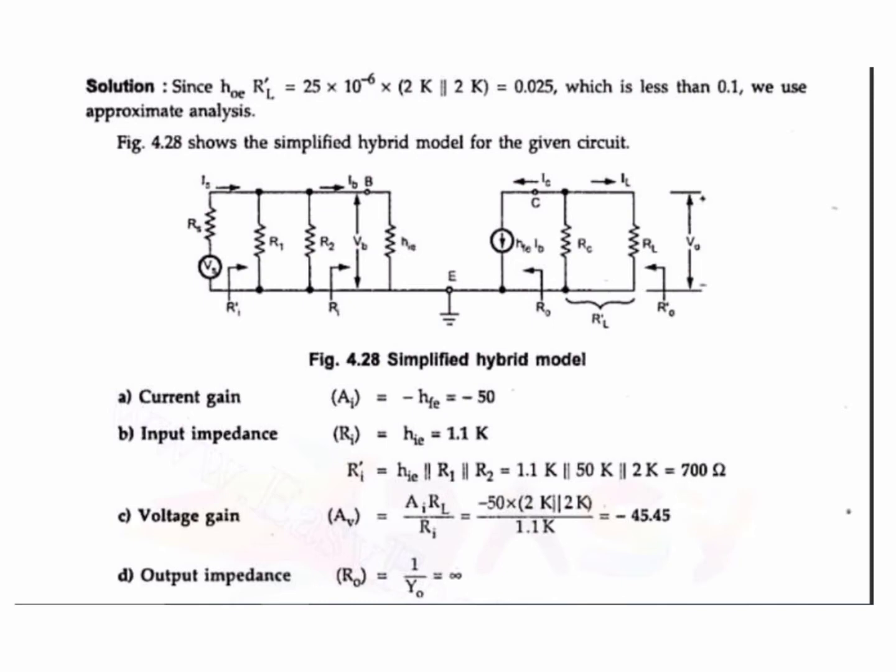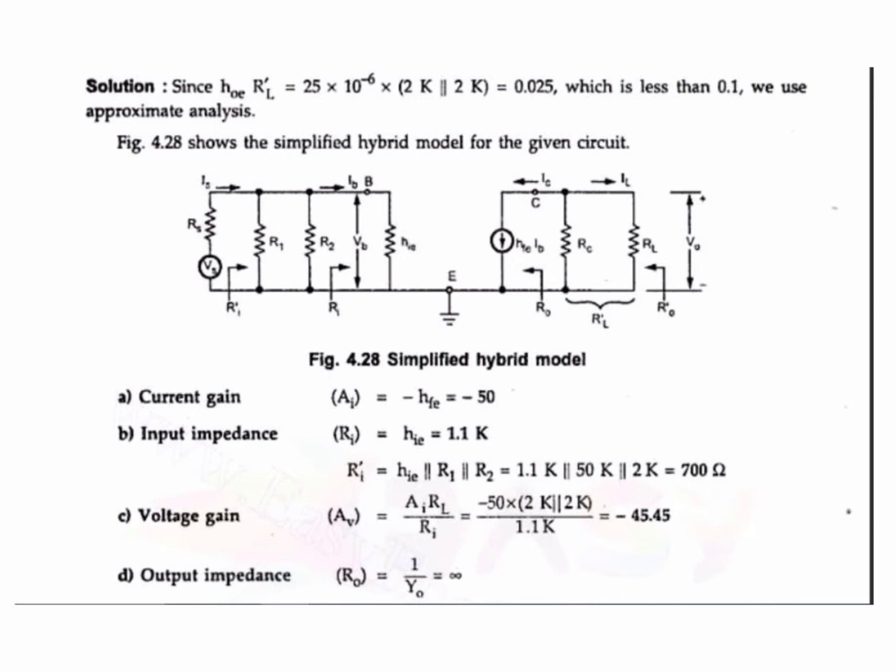In the given problem, before solving, the circuit is converted into its h parameter equivalent. I hope you are familiar with how to convert any given transistor circuit into its h parameter equivalent. The first step is to ground all the active sources and short all the capacitors, and then convert to the h parameter equivalent model.